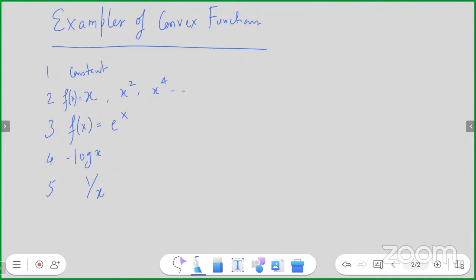They're actually interesting functions. What about 1 by x square? Is that convex? We haven't yet established that 1 by x is convex, but let's take it at face value for the time being. How would you actually try and show that 1 by x is convex? What inequality do you really want to show?